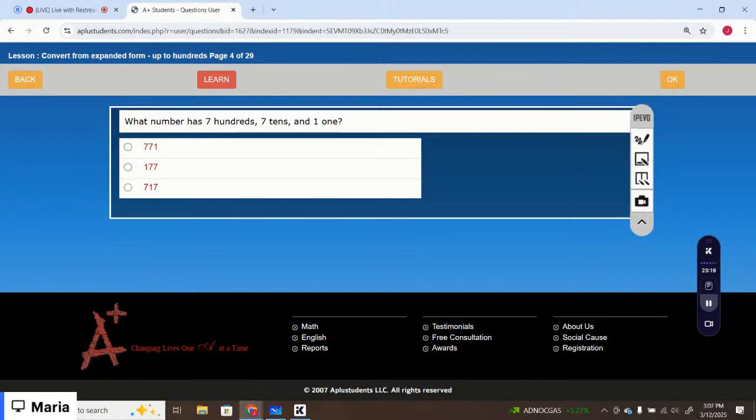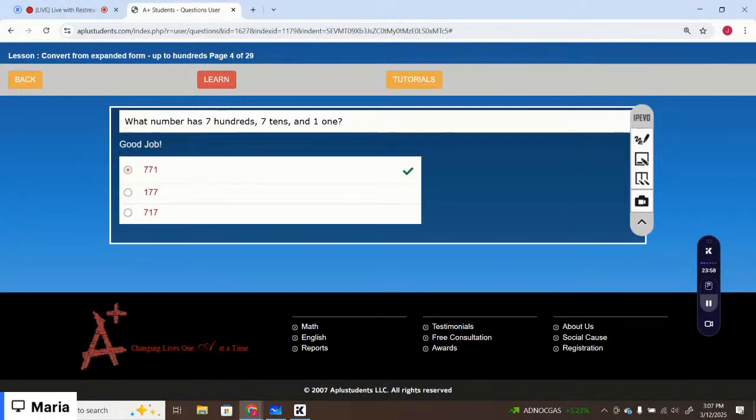What number has 7 tens and one one? That is 7 tens and one makes 71.